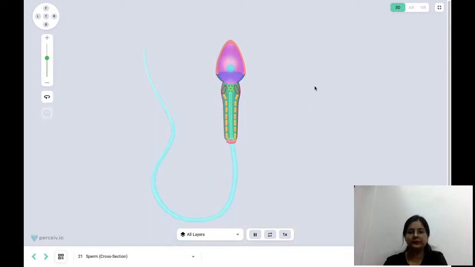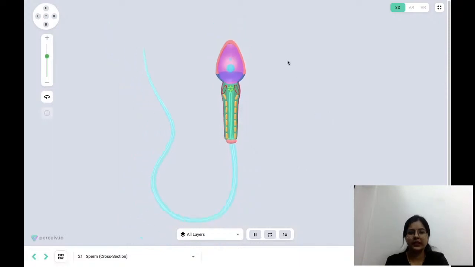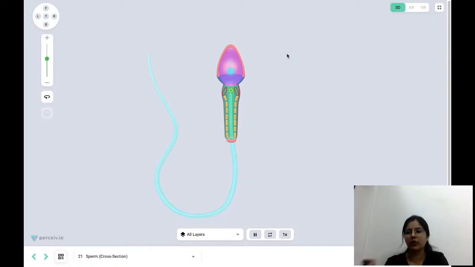And if I maximize this part, the structure of sperm will also be there for the explanation. So basically पहले मैं labeling आपको बता देती हूँ कि what are the different components of sperm, and then we will individually discuss all the functions of all these components as well.